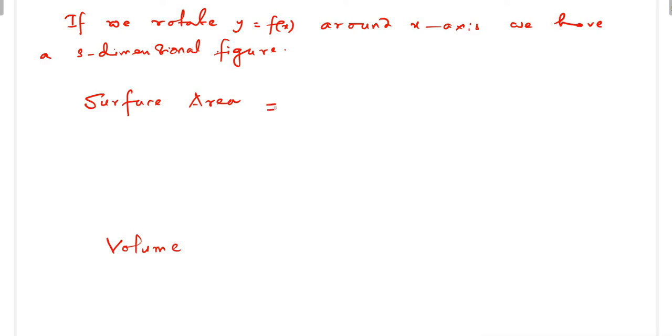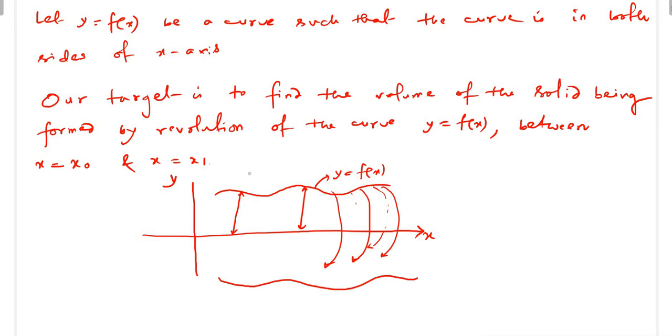So surface area is given by integration from x equal to x0 to x equal to x1. Let me draw it. Suppose it is your x equal to x0, and it is x equal to x1. Both are straight lines.